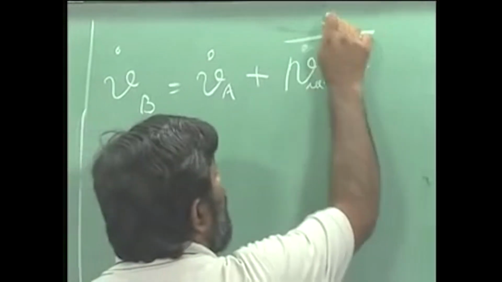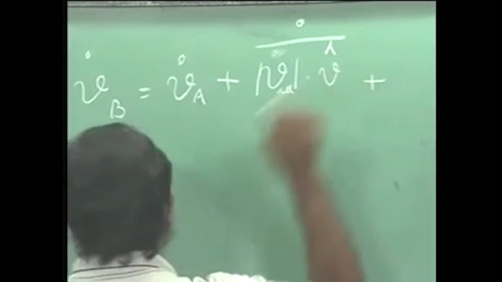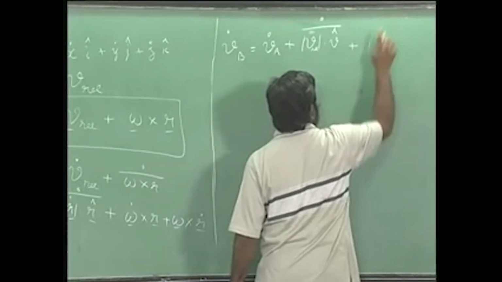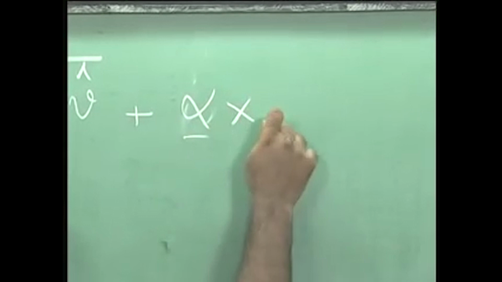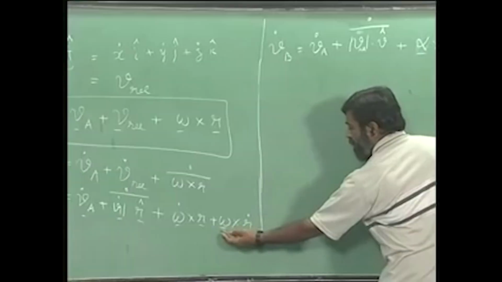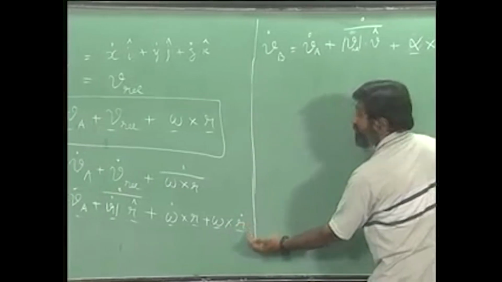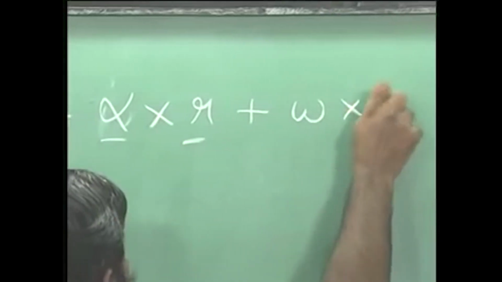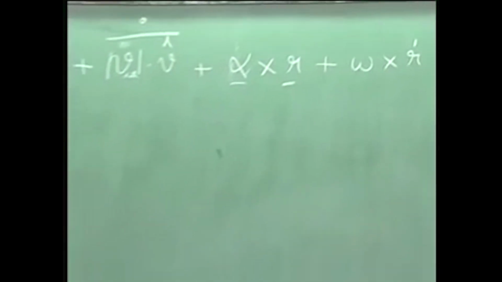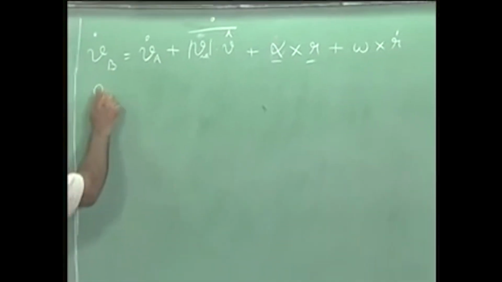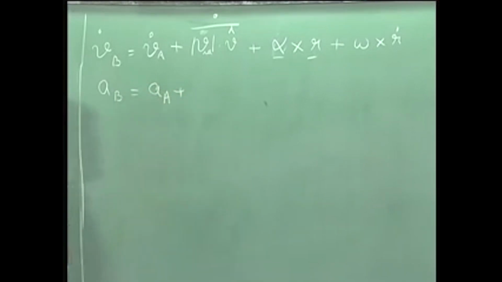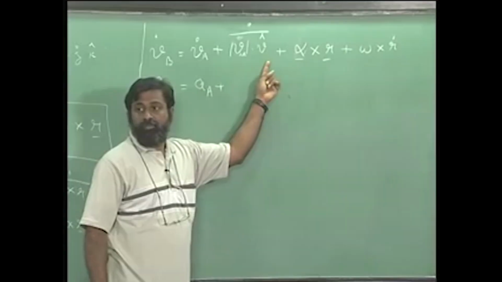This whole thing, taken derivative of, plus omega dot, which is nothing but alpha, alpha cross r, that does not change. Again I have omega cross r dot, right. Now this is acceleration of B, this is acceleration of A, plus this I have to now resolve.